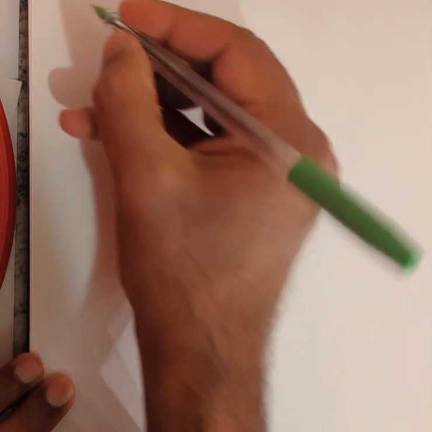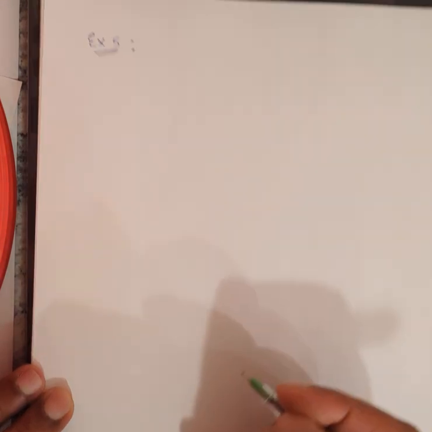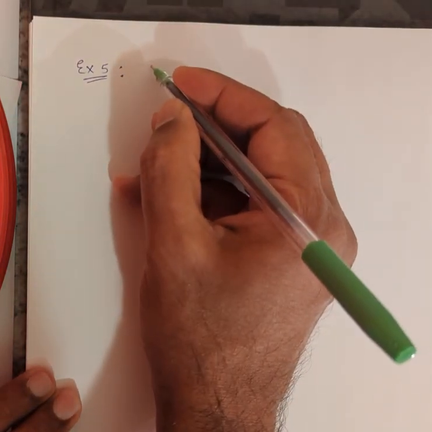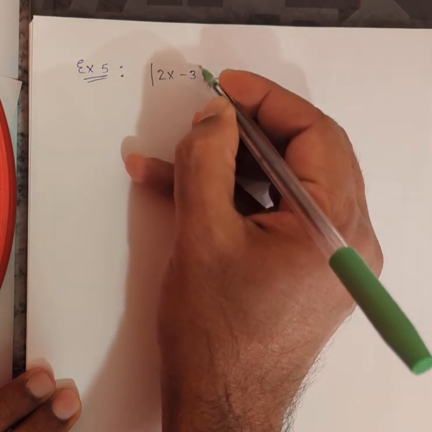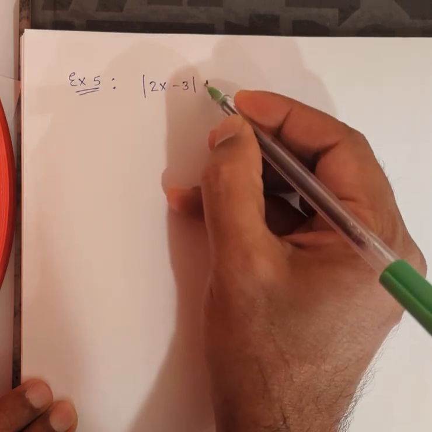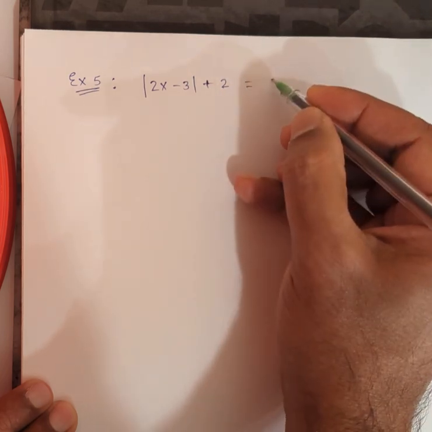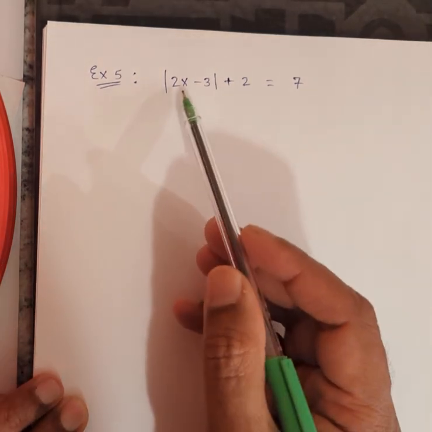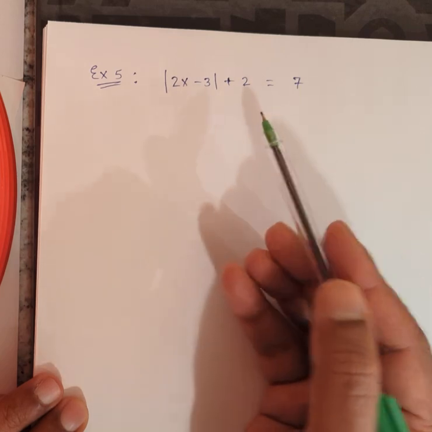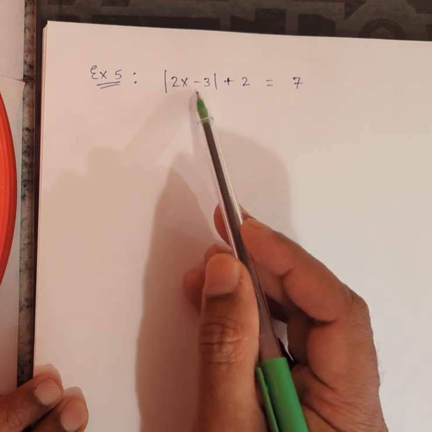Now, let's look at one more example where you will see both of those complexities. So say I have absolute value of 2x minus 3 plus 2 is equal to 7. So this time, the left side looks complicated because we have, within the absolute value, a complicated expression.